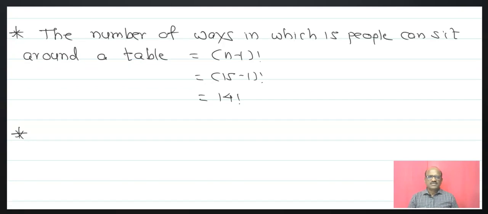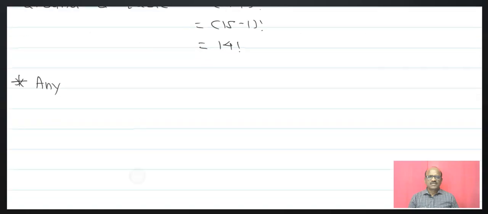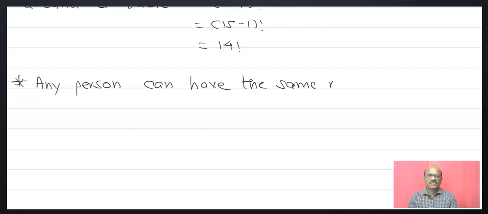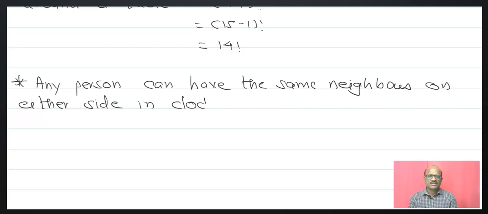The next is that any person can have the same neighbors on either side in clockwise or anti-clockwise arrangement.